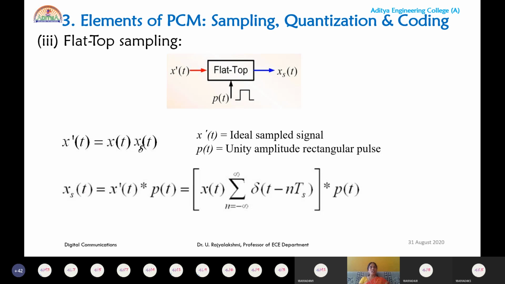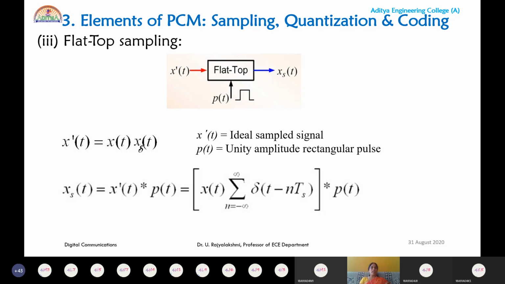That's all. Now here in the time domain you have a convolution. So how can you represent that convolution in the frequency domain? The convolution in the time domain can be represented with multiplication in the frequency domain. So in the frequency domain, what is the mathematical expression of this flat top sample signal?